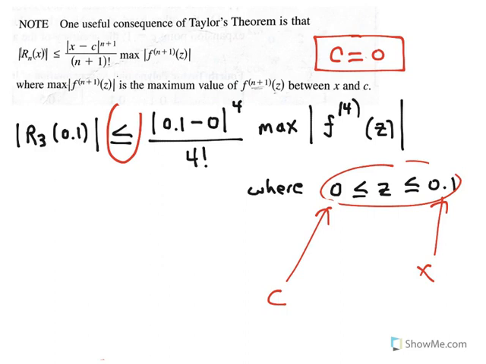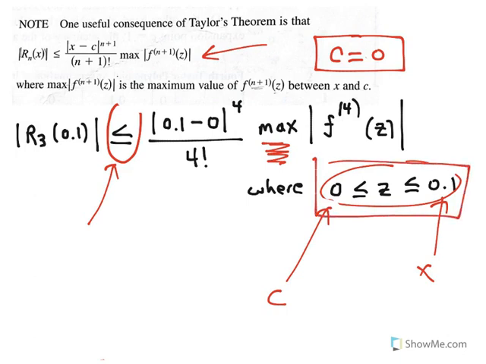So now, according to this result from Taylor's theorem, this is what we need to find. We need to find an upper bound for the error, so we have to find the maximum that the fourth derivative of f could be for a range of values from this interval.